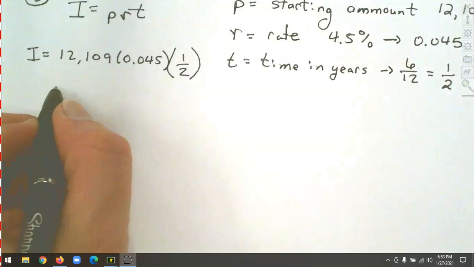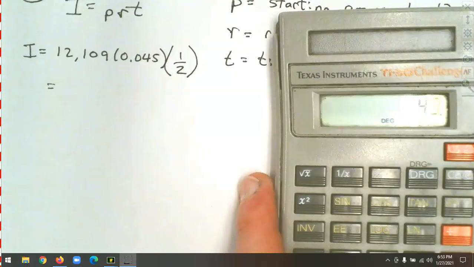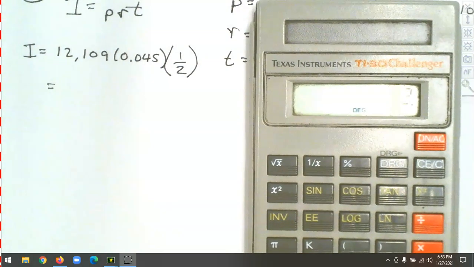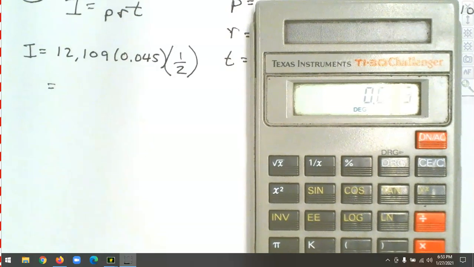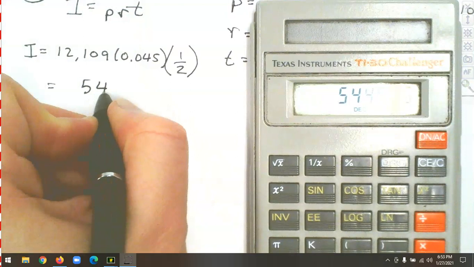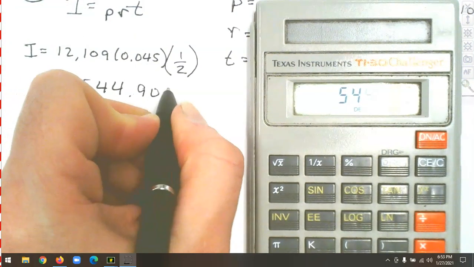I'm going to go ahead and multiply all the numerators together. So we'll take our 12,109, multiply that by 0.045, and then multiply that by 1. That gives you 544.905.